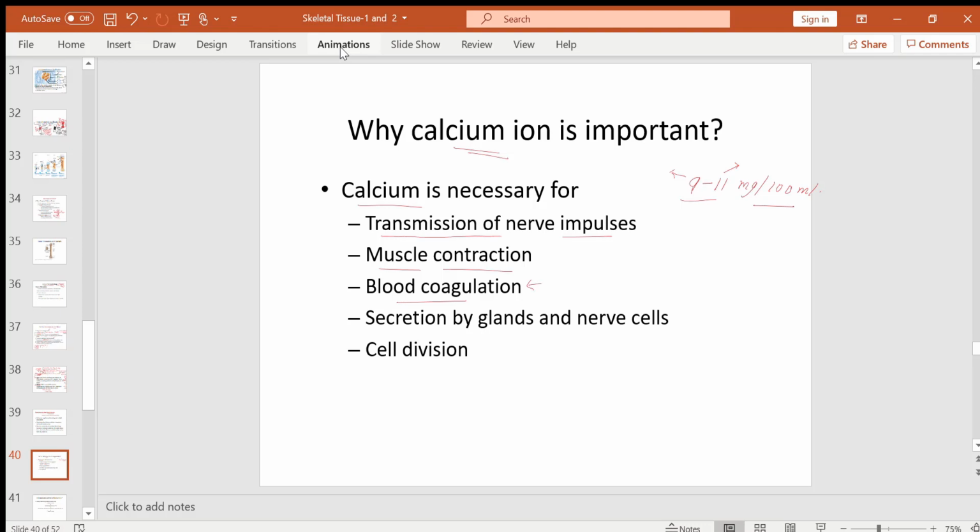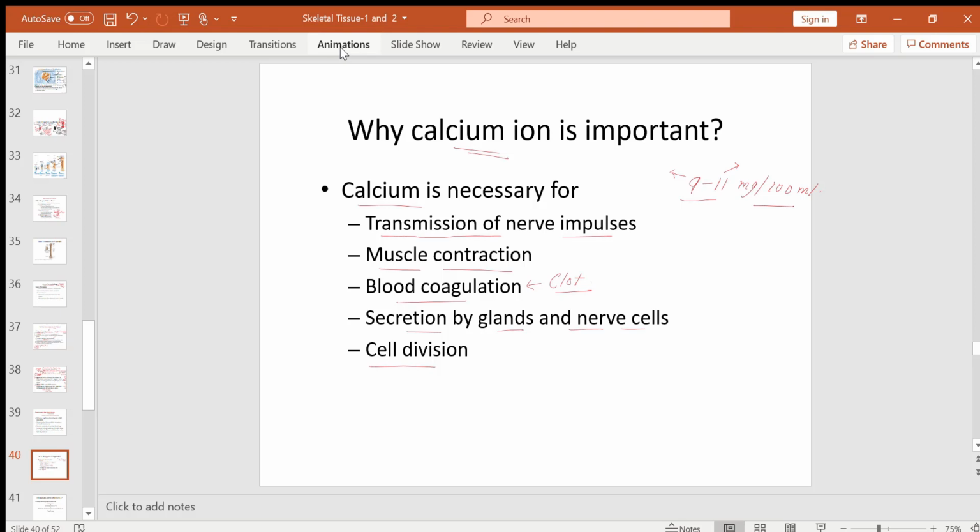So if you remove the calcium from the blood, then the blood will not clot. Calcium helps in secretion of hormones from the glands and neurotransmitters from the nerves. Calcium also helps in cell division. So those are a few important functions of calcium.